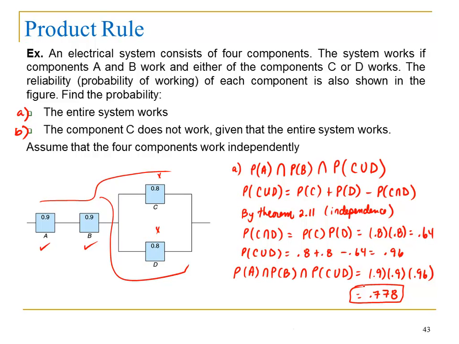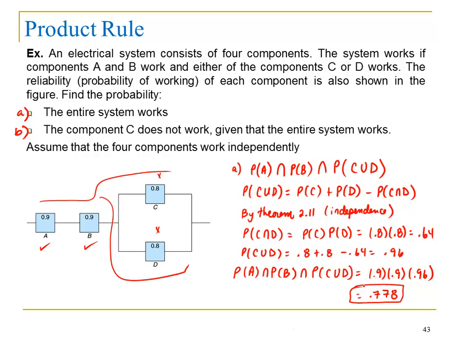So if let's say we want to find the probability that all the components are working and component C is not working, what would you do? Multiply the probabilities of all of them, but for C you need to do something different. You need to look at the complement, because that's the probability of D working.